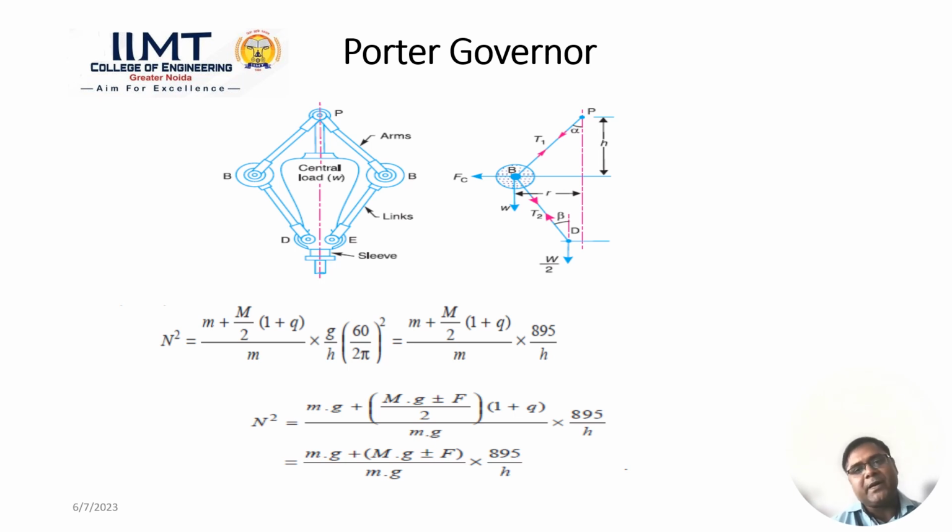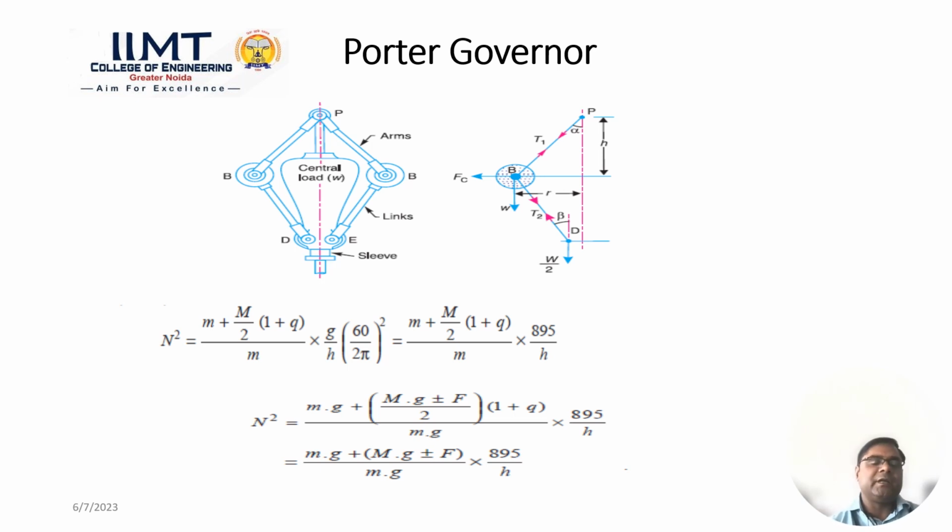The tension on the upper arm is T1, and the tension on the lower arm is T2. Beta is the angle of the lower arm to the vertical, and alpha is the angle of the upper arm to the vertical.